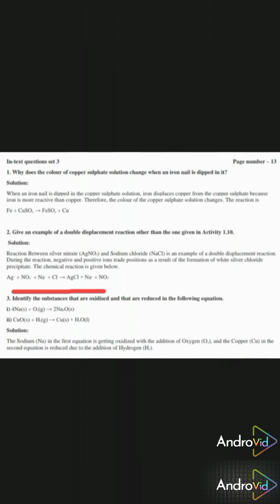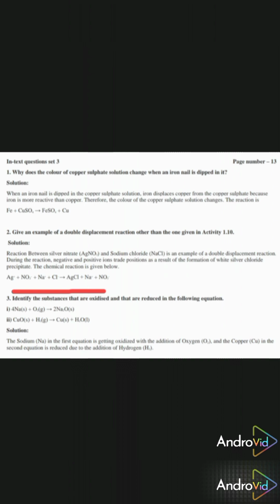For the second reaction, copper oxide, a solid, when reacted with hydrogen gas gives copper plus water. So copper oxide is getting reduced to copper. This is due to the addition of hydrogen, because copper oxide reacts with hydrogen.